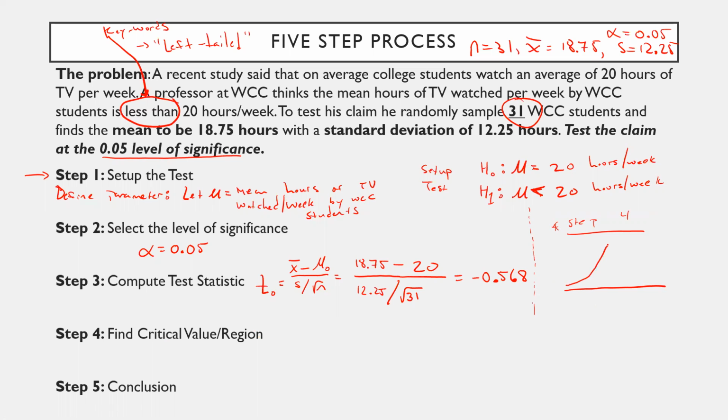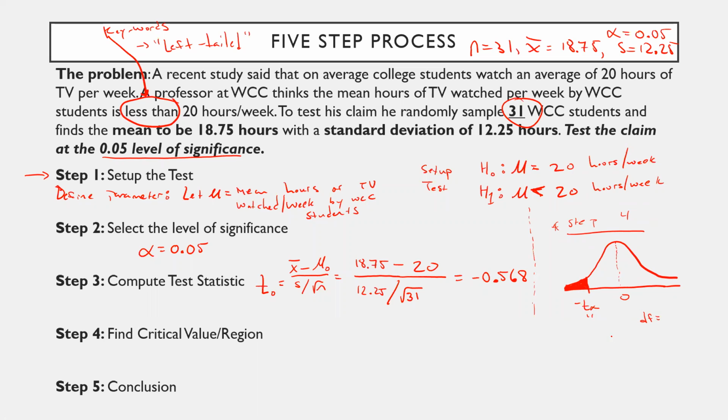So step 4, you're going to draw this t distribution, centered at 0. And I have to find this minus t of alpha. Okay, and then it's a left-tailed test, so the critical region is this red area shaded to the left. To find this, first thing you need is degrees of freedom, df.